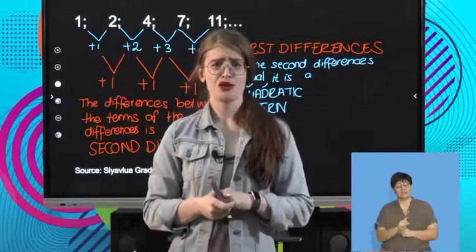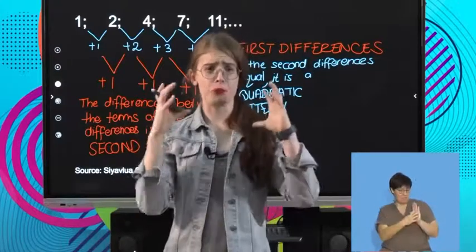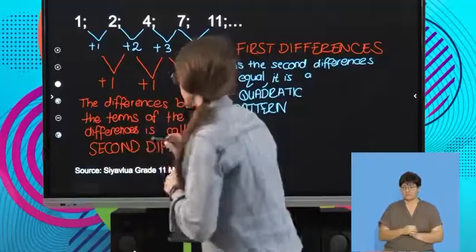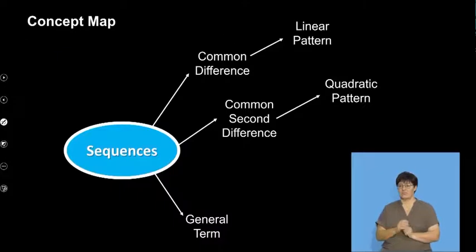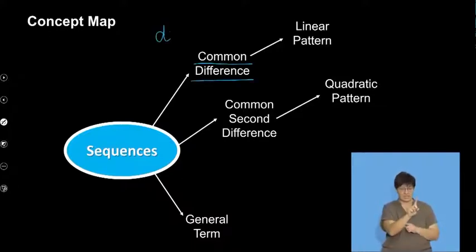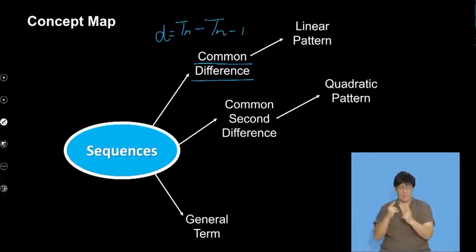So what I'm going to do with you now is I'm going to look at the concept map with you, just to make sure you're happy with what I've covered so far. So we discussed that we have a common difference or a common first difference. That's when we discussed that the difference is equal to Tn minus Tn minus 1. And if that difference is common, it is a linear pattern.